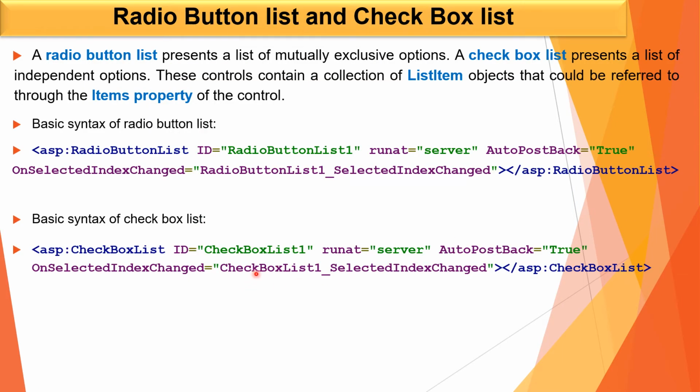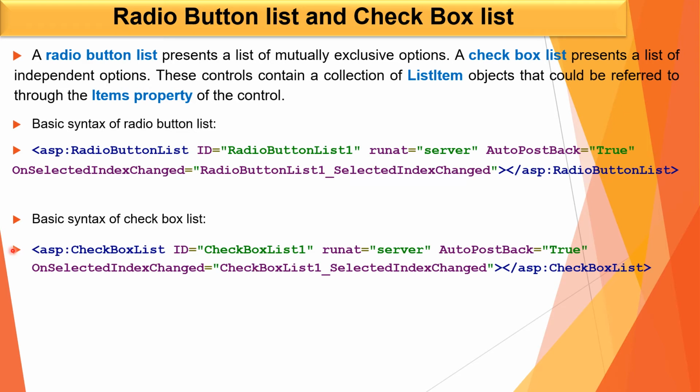The next controls are the RadioButtonList and CheckBoxList. Now we have already seen the RadioButton server control as well as the CheckBox server control, but these are different from those server controls. This is a RadioButtonList and CheckBoxList. They are concerned with the list and the data items residing in that list.